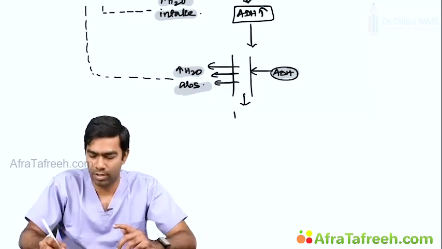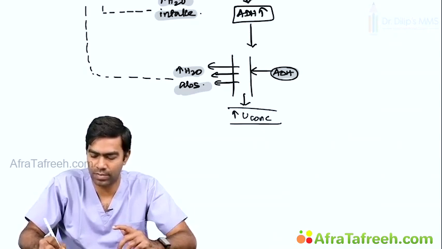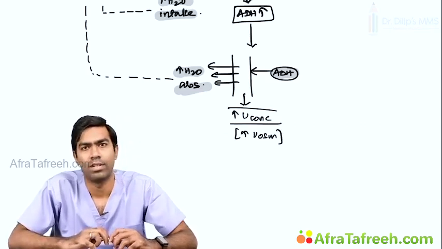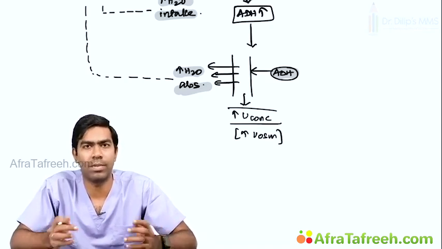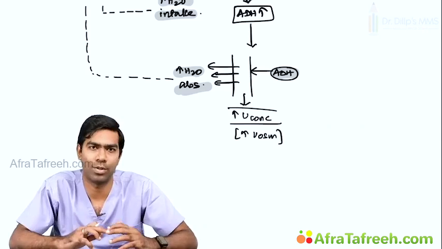Next, what is happening to the urine? Because you are reabsorbing more and more water in the presence of ADH action, your urine will have less water, which means your urinary concentration will increase, so you are producing urine with higher osmolarity. That is why when you play in the sun and pee, the urine will be high colored, because you are concentrating the urine.